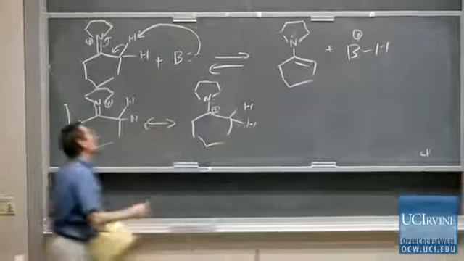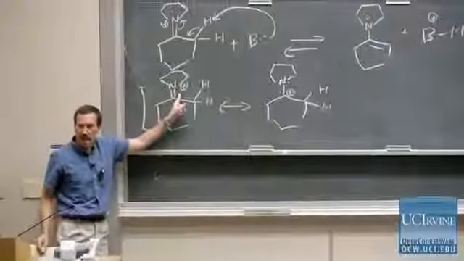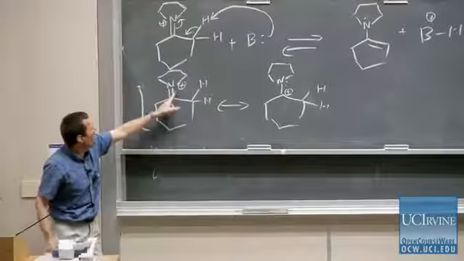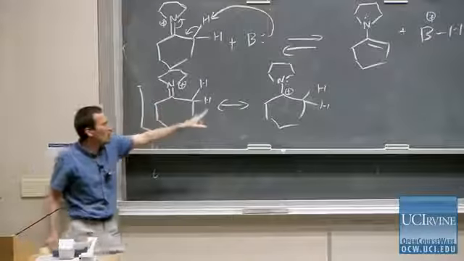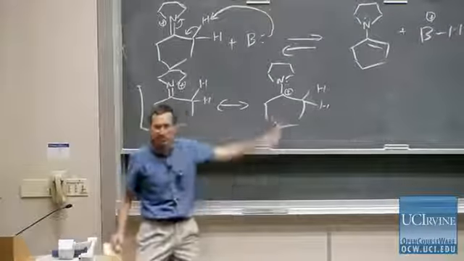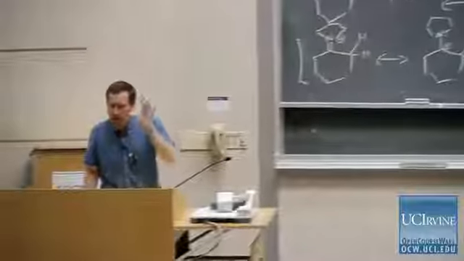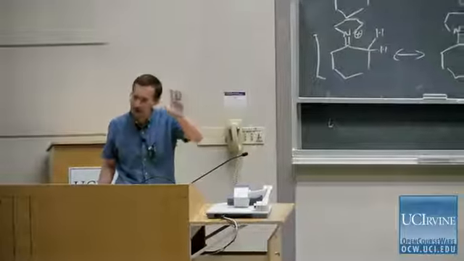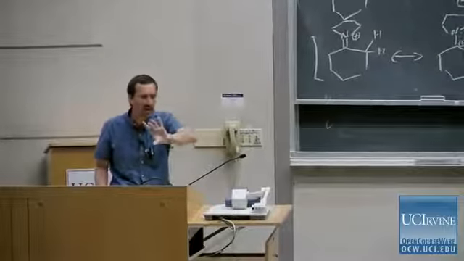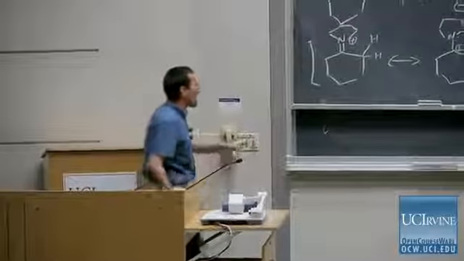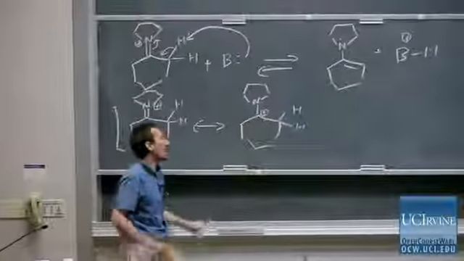We have a major resonance form in which everyone has a complete octet, but the electronegative nitrogen bears a positive charge. We have a second resonance structure, a minor resonance structure, in which the positive charge is on the carbon. That's good. Carbon's less electronegative than nitrogen, but it's bad insofar that the carbon doesn't have a complete octet.